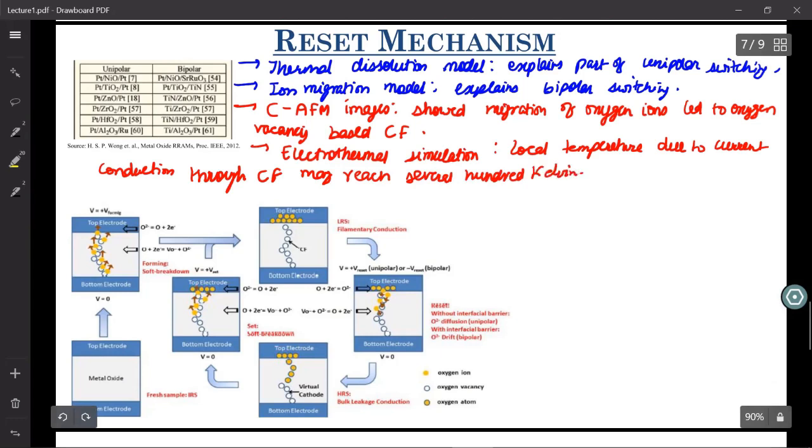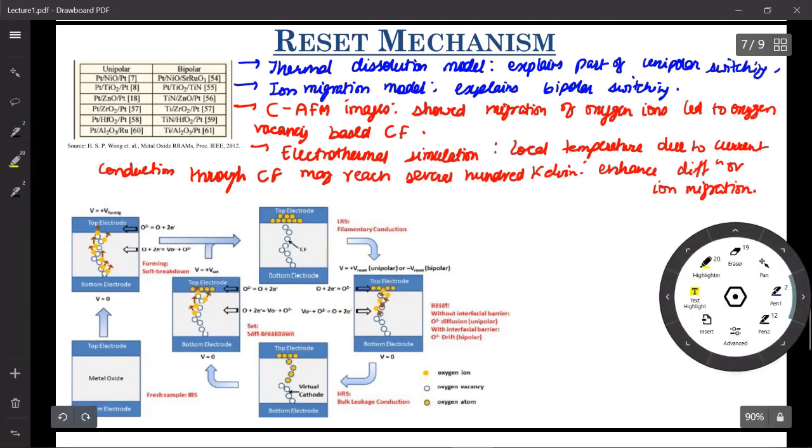So if the temperature around that conductive filament is so high, what will that do? That will further enhance diffusion or ion migration, right? Whenever temperature increases, the migration increases. So electrothermal simulations showed that local temperature can be very high.